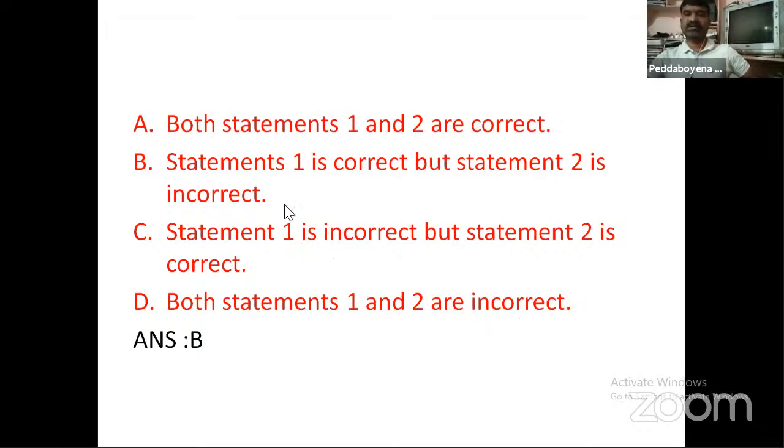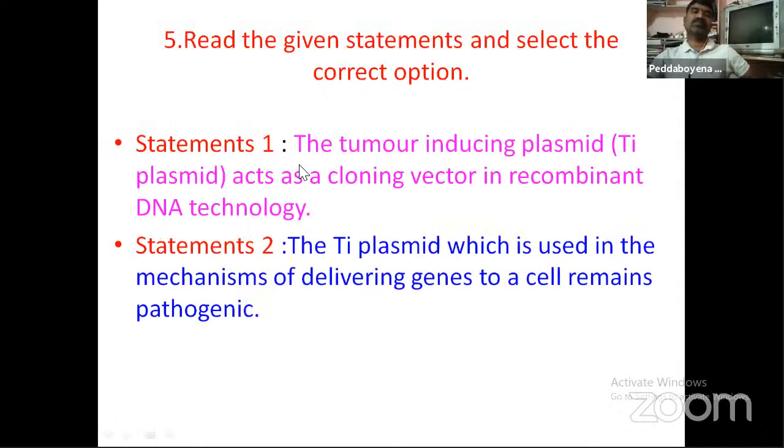So B is correct: statement one is correct and statement two is incorrect. The tumor inducing Ti plasmid is a cloning vector, but the Ti plasmid used for delivering genes does not remain pathogenic, so statement two is not correct.